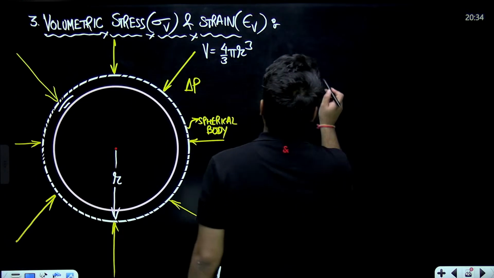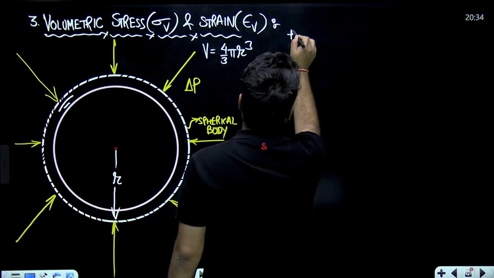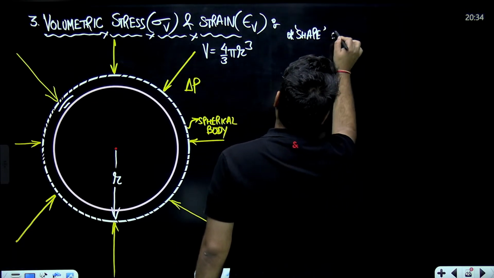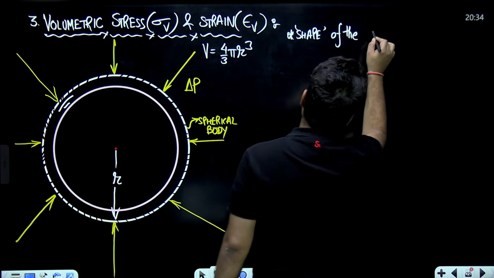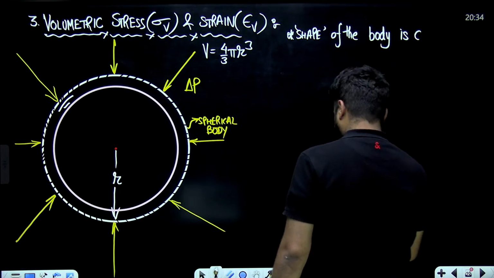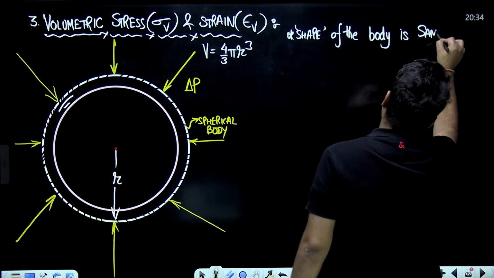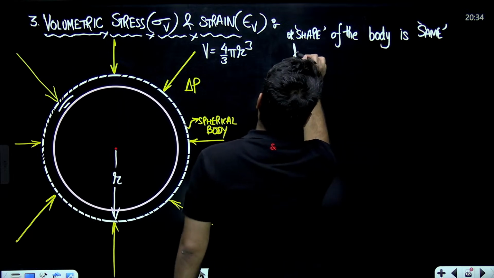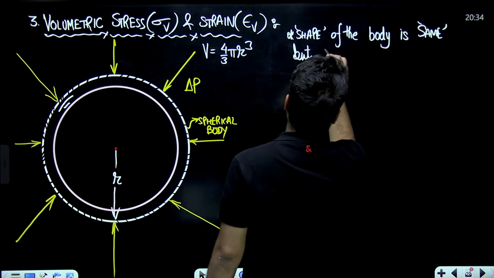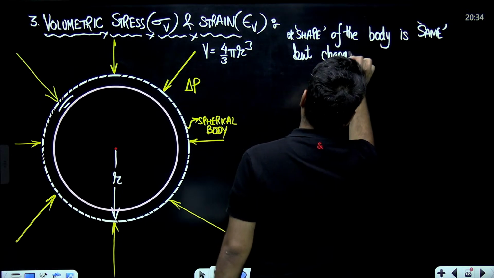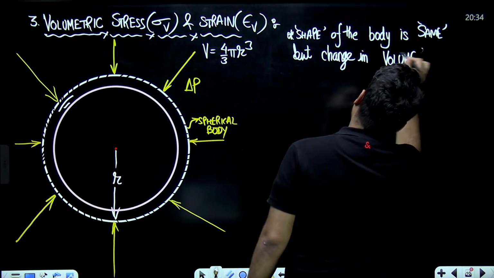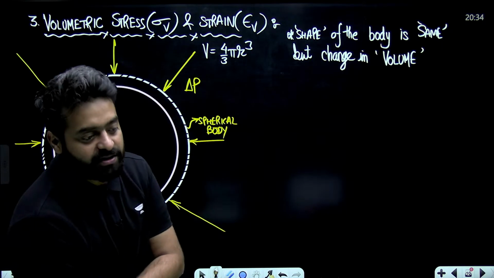So in the volumetric stress condition, the most important point is that the shape of the body is the same, meaning spherical, but there is a change in volume. From this condition, the volumetric strain comes.